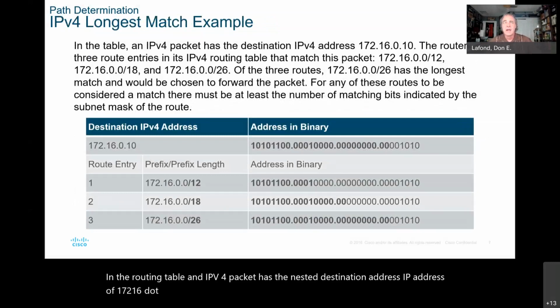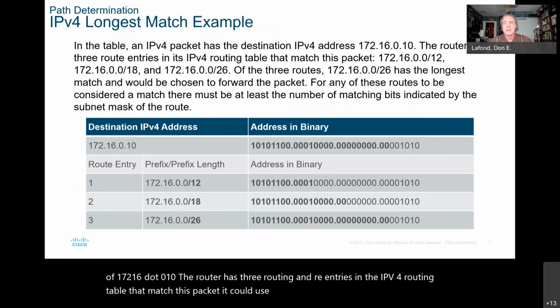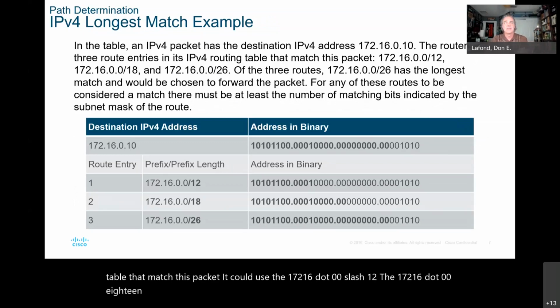172.16.0.10. The router has 3 routing entries in the IPv4 routing table that match this packet. It could use 172.16.0.0/12, 172.16.0.0/18, or 172.16.0.0/26.